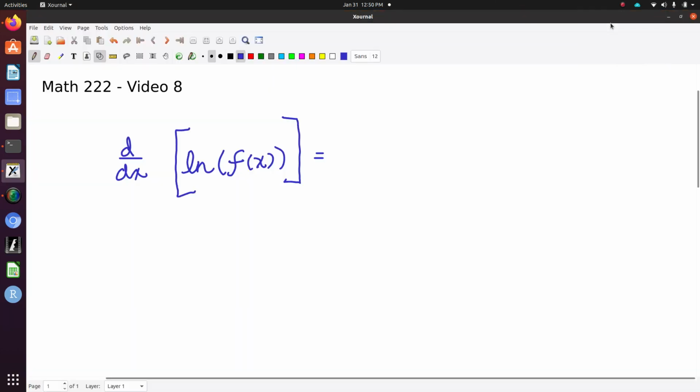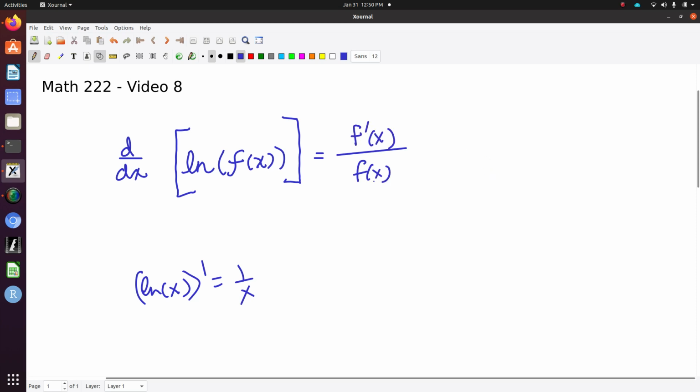Okay, so if you want the derivative of natural log of f, if you remember, the derivative of natural log of x is just 1 over x. So if you want the derivative of natural log of f of x, by the chain rule, the f of x goes on the bottom, and therefore the derivative goes on top.